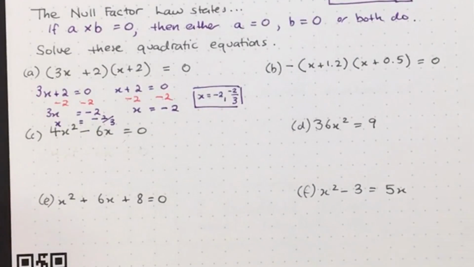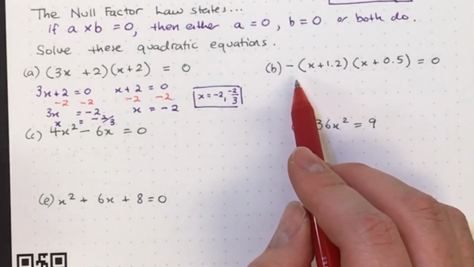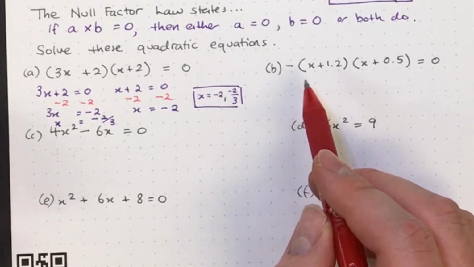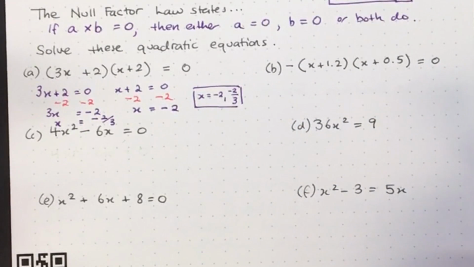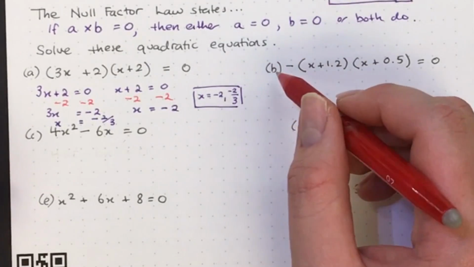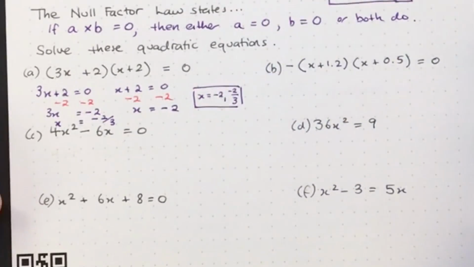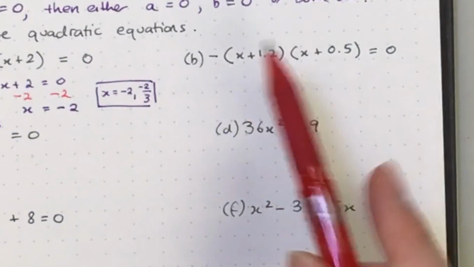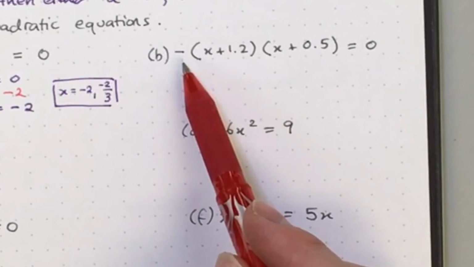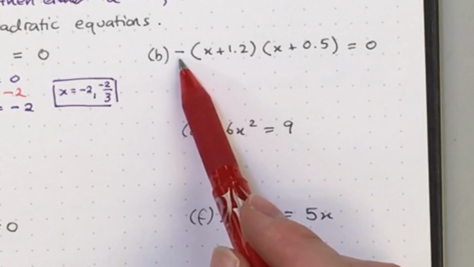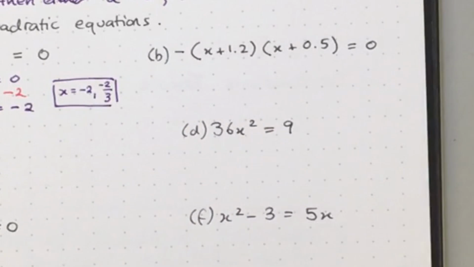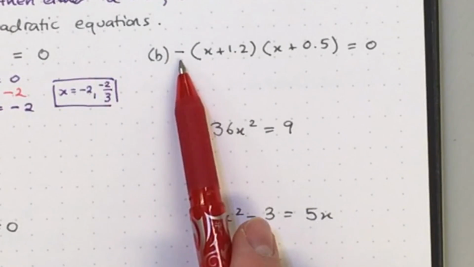Okay, with B, you'll notice there's a thing at the front of the brackets. I'm looking at this example on the right. If you have something in front of the brackets, so that's a negative, we've got a -1 at the front.